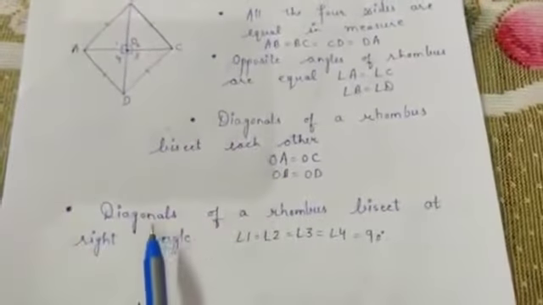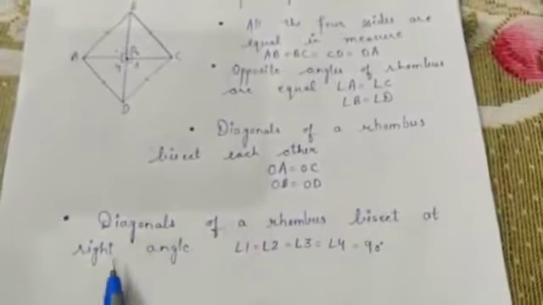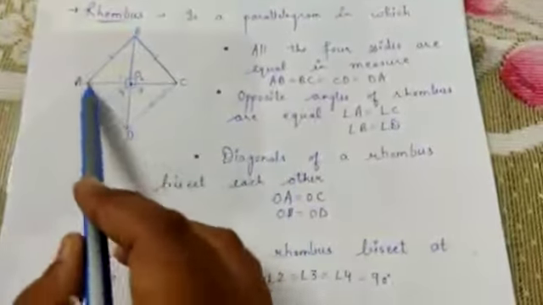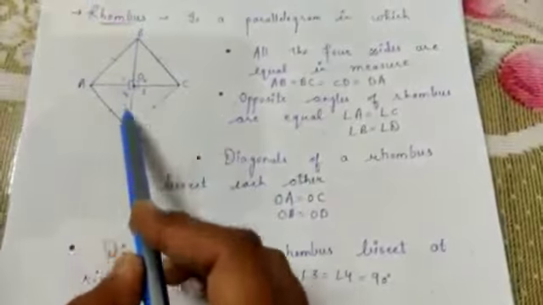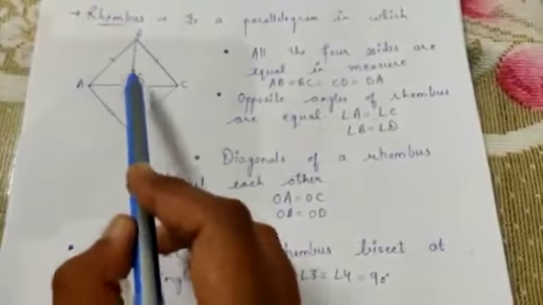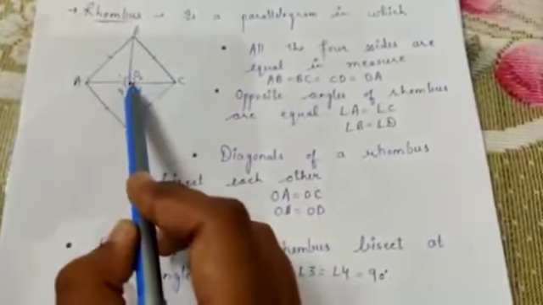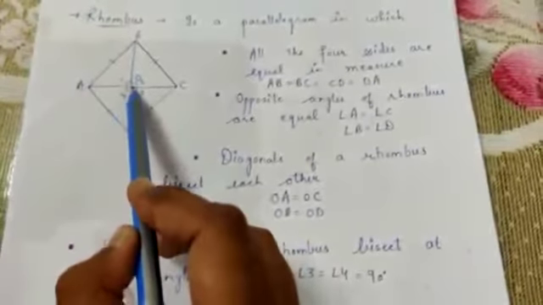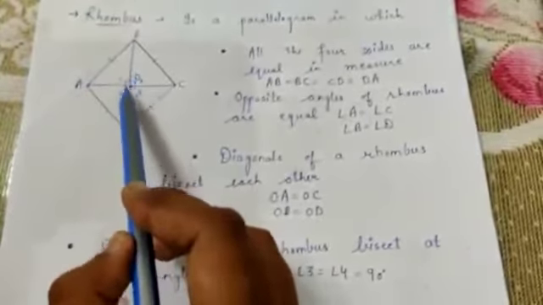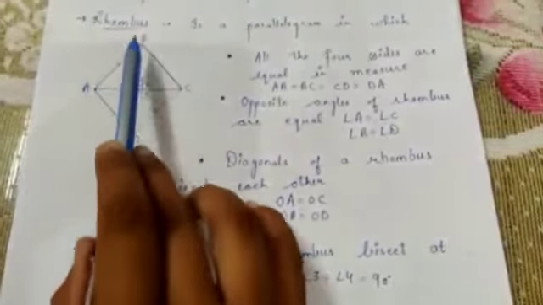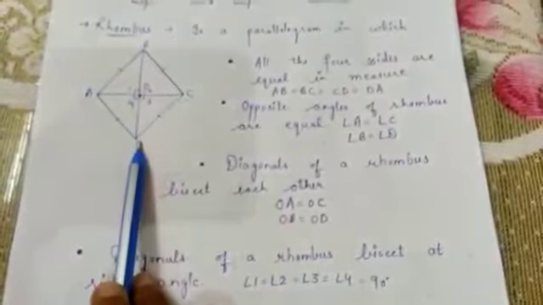Next property, diagonals of a rhombus bisect each other at right angles. See, at this point, this point O, both are intersecting each other. So they are bisecting each other also. The point where both the diagonals are intersecting, at that point they are making a right angle. See, AC and BD, they both are intersecting each other.